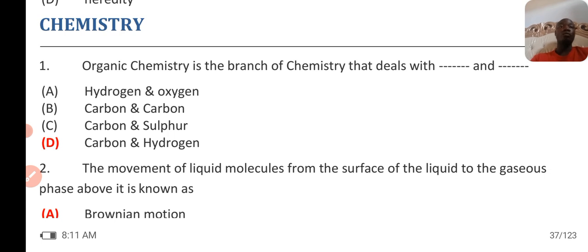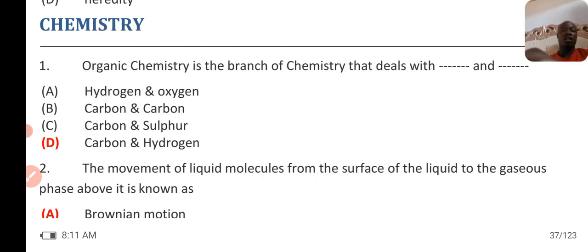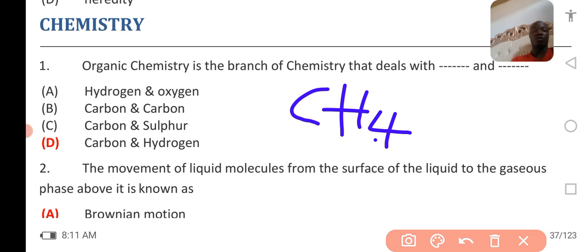For example, let me just give examples of organic compounds. We have something like this. This is CH4. CH4 is an organic compound.